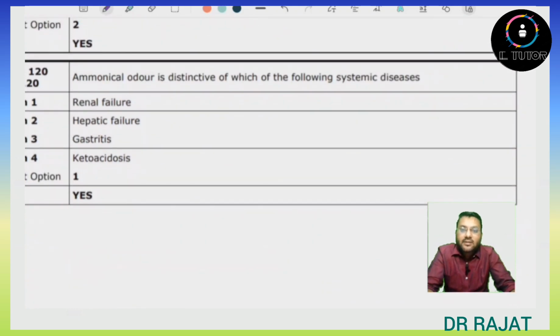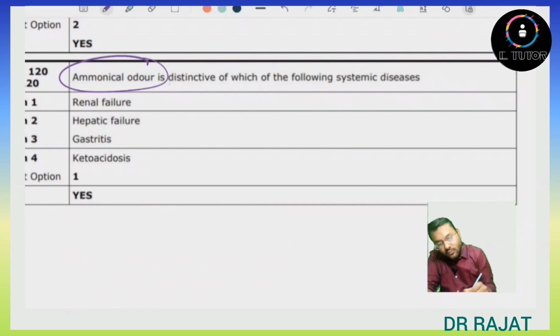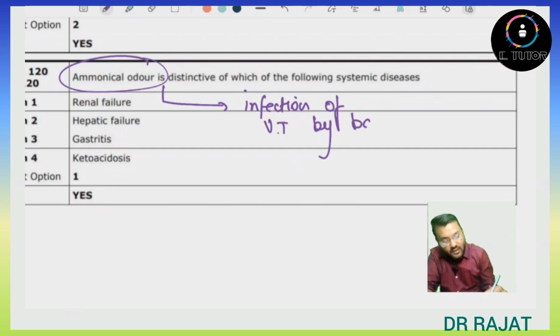Ammoniacal odor is distinctive of which of the following systemic disease? So option 1 is renal failure, option 2 hepatic failure, option 3 gastritis, and ketoacidosis. So among the following option, ammoniacal odor is mainly due to when there is infection of urinary tract by bacteria.